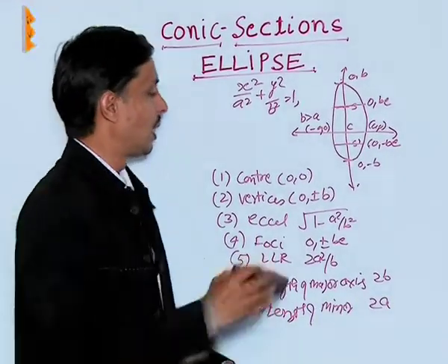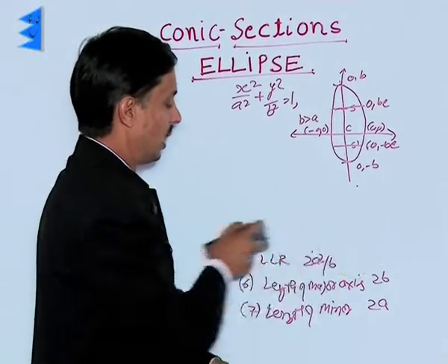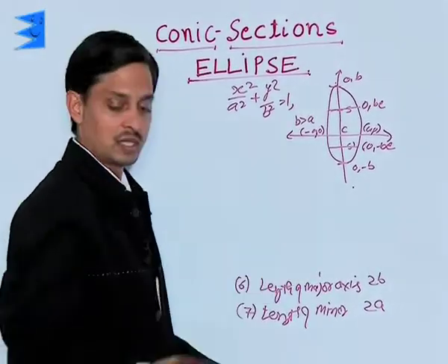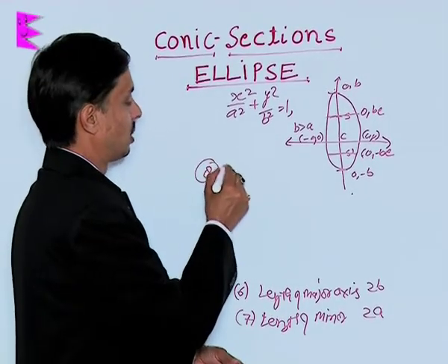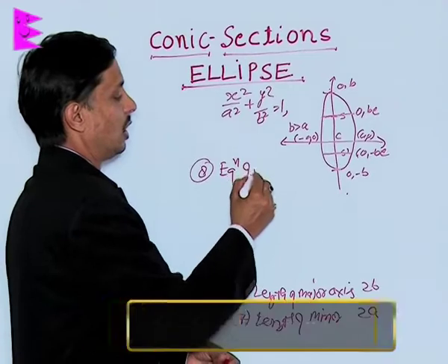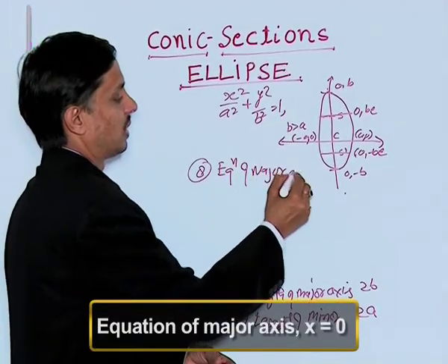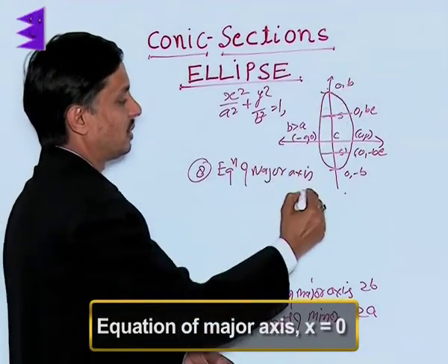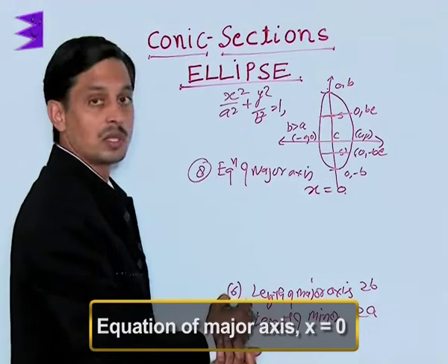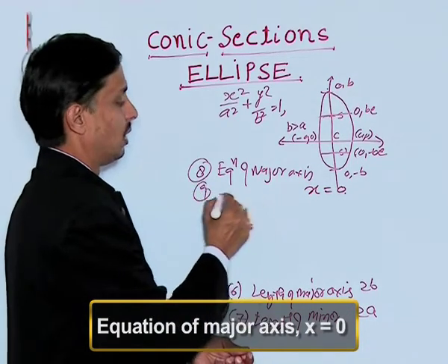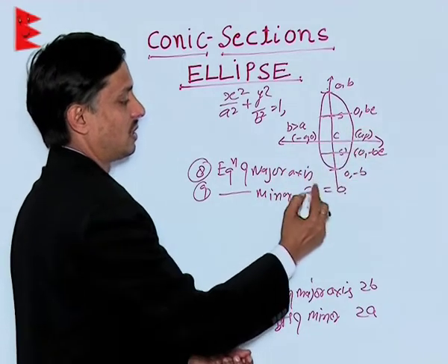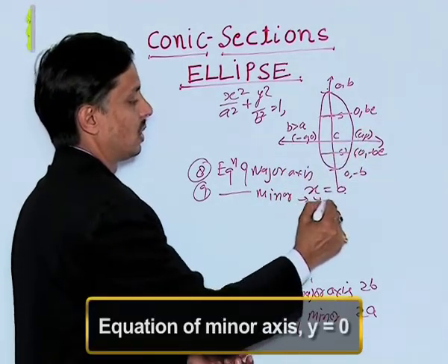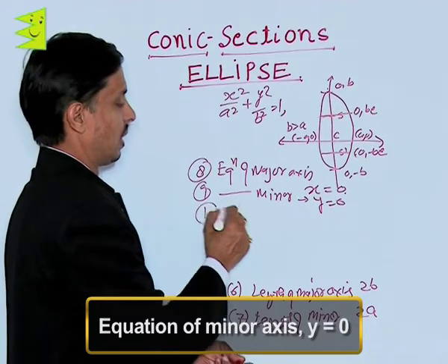Now the remaining 5 very important informations. What is the equation of major axis, the 8th information? Here the y-axis is the major, so the equation is x equals 0, and for the minor axis, the x-axis is the minor, so its equation is y equals 0.